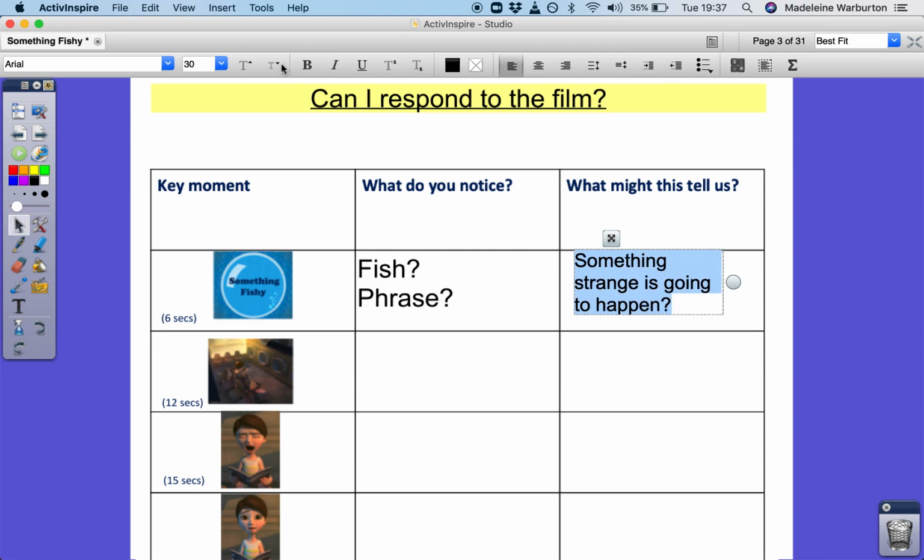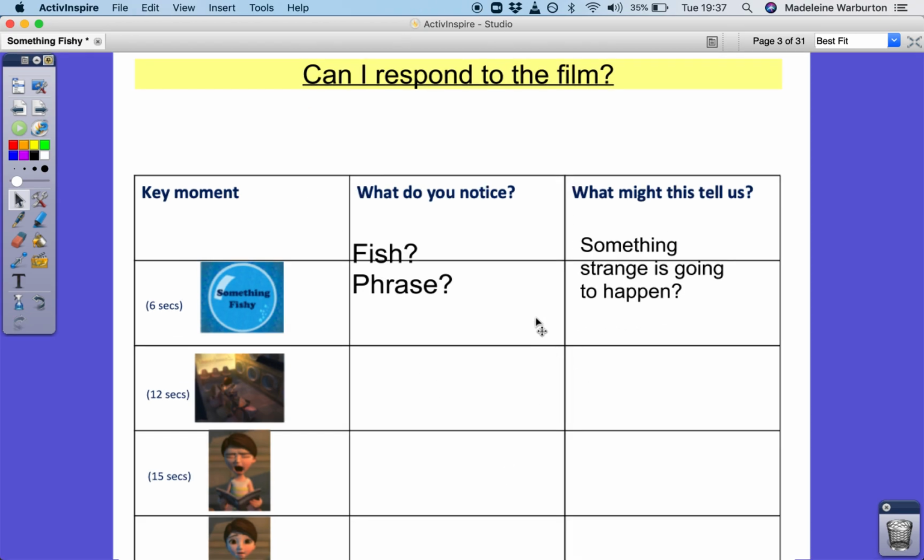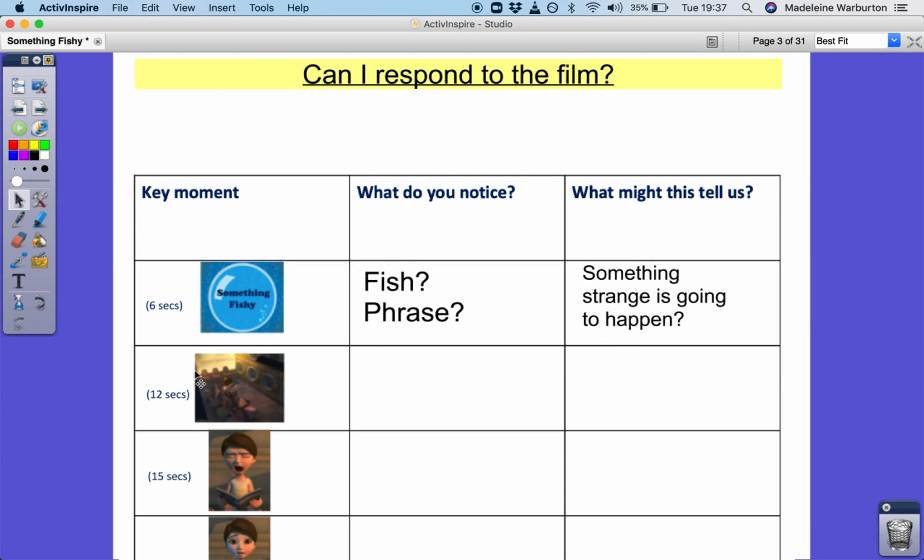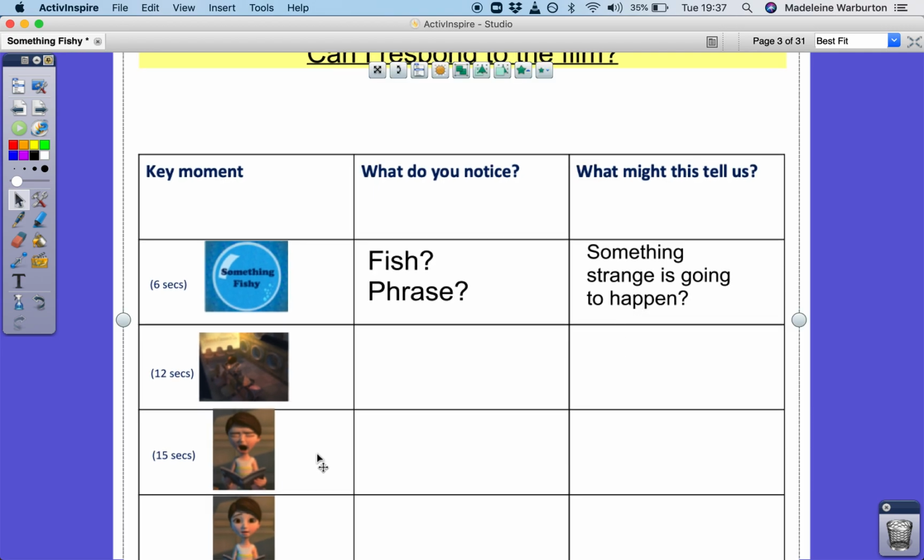So you're just making observations and almost little predictions. So in this one here, where is she? Well, I notice that she's in a laundrette, isn't she? And she's waiting for some washing. What might this tell us? She hasn't got a washing machine at home. This one here, what do you notice? She's yawning. What might this tell us? She's bored. She doesn't like the book.